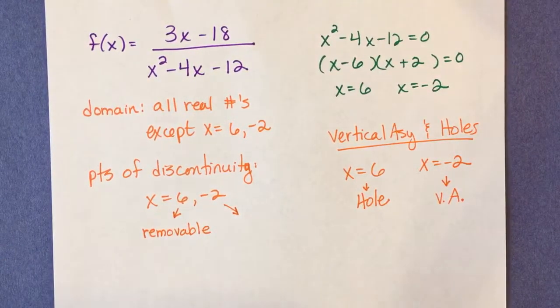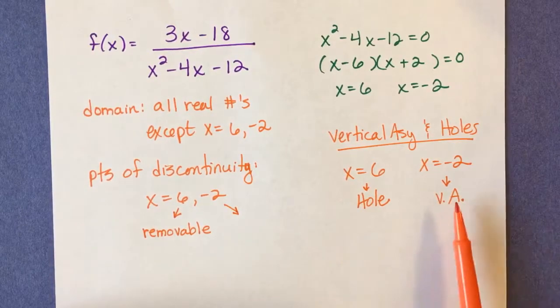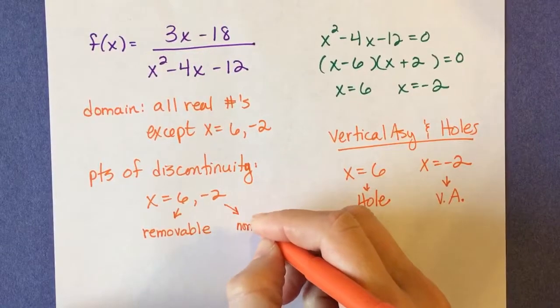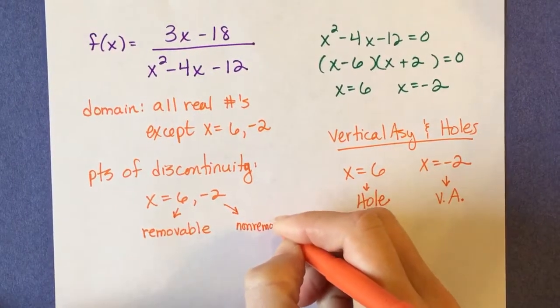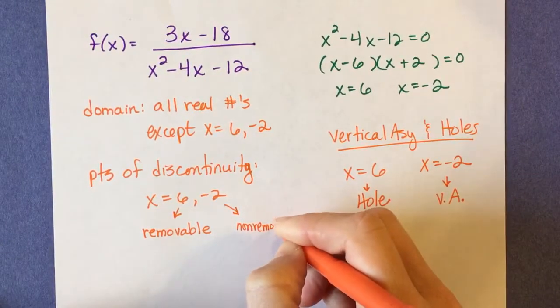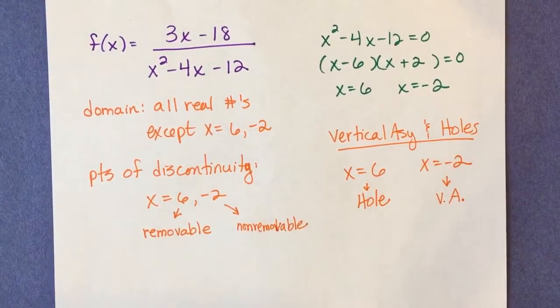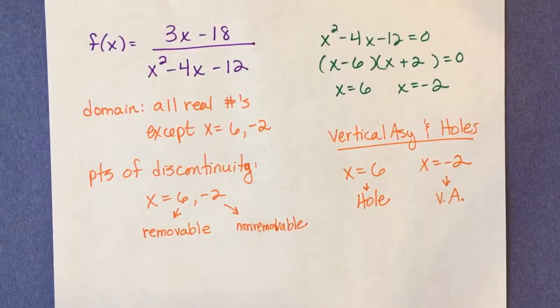Okay, and now negative 2 is a vertical asymptote, so vertical asymptotes are always going to be non-removable. Okay, so 6 is removable, negative 2 would be considered non-removable.